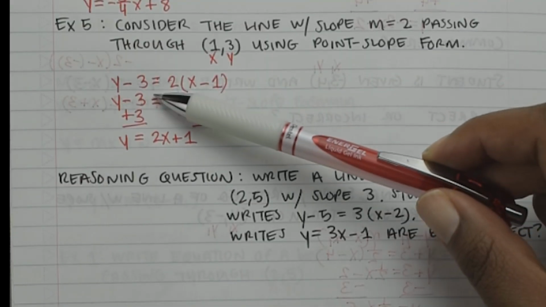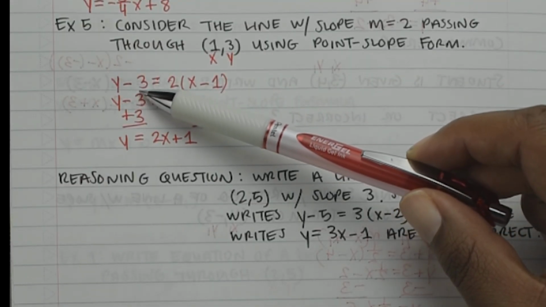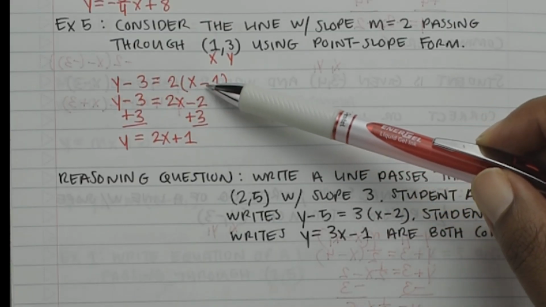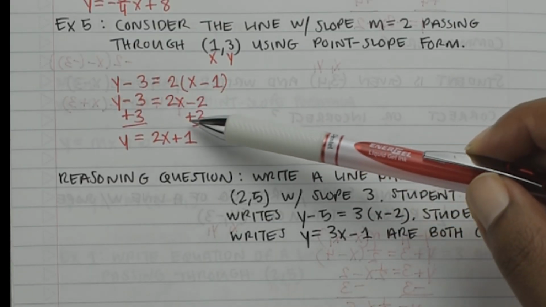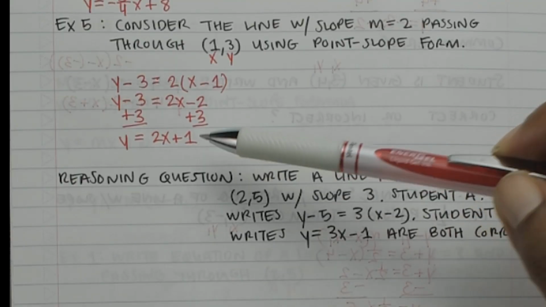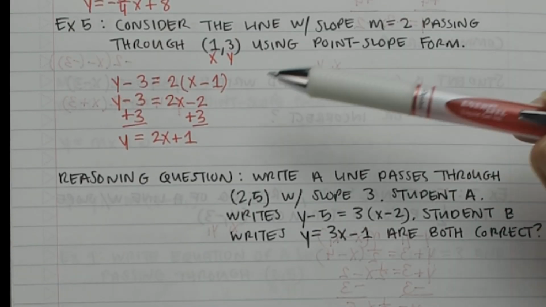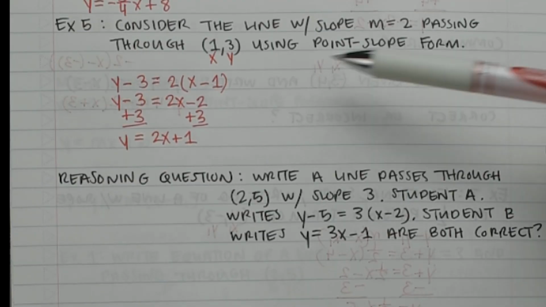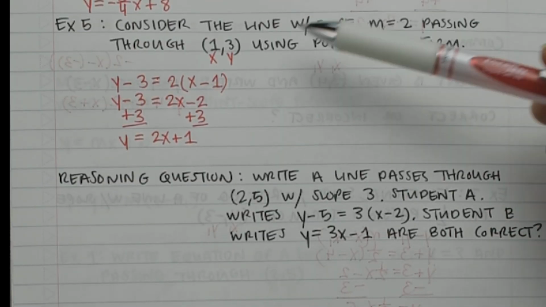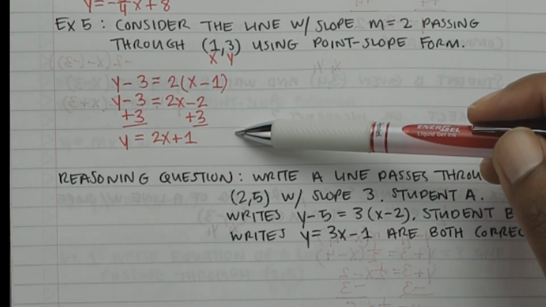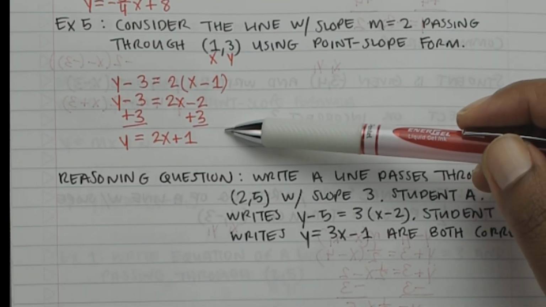So again, y minus 3 equals 2 parentheses x minus 1. And then I just computed it and brought it to the slope-intercept form. Again, you don't necessarily have to do that because it just says using point-slope form. So we pretty much did that here.